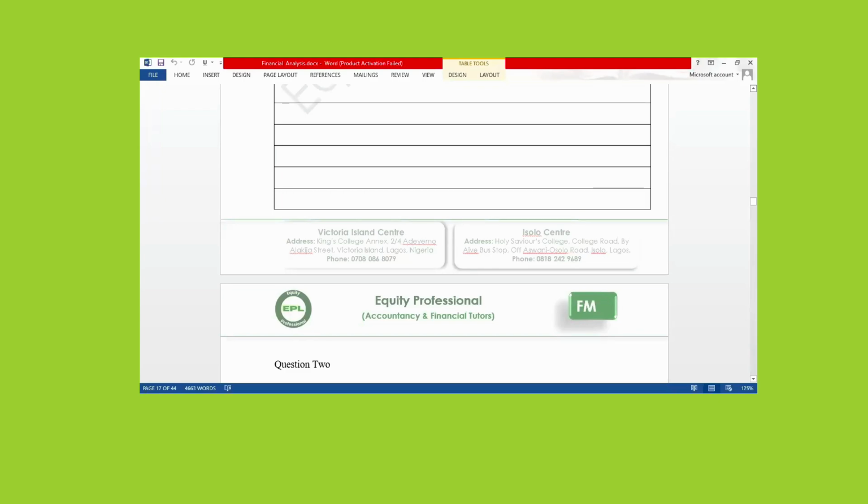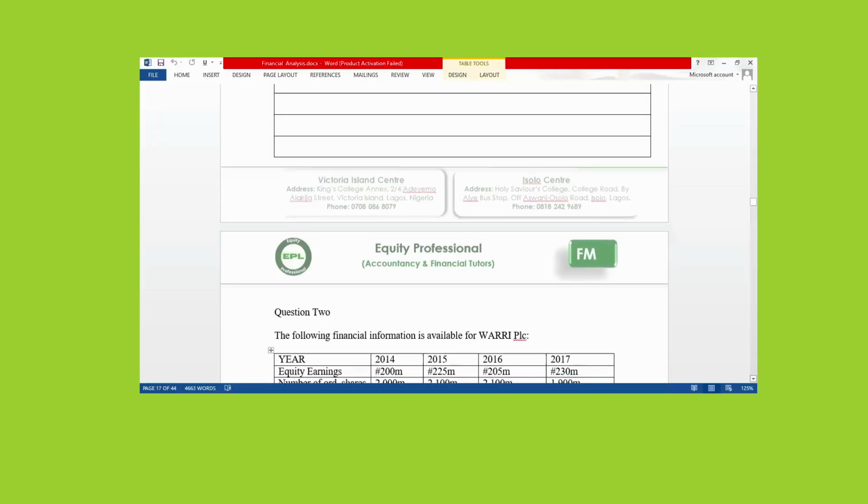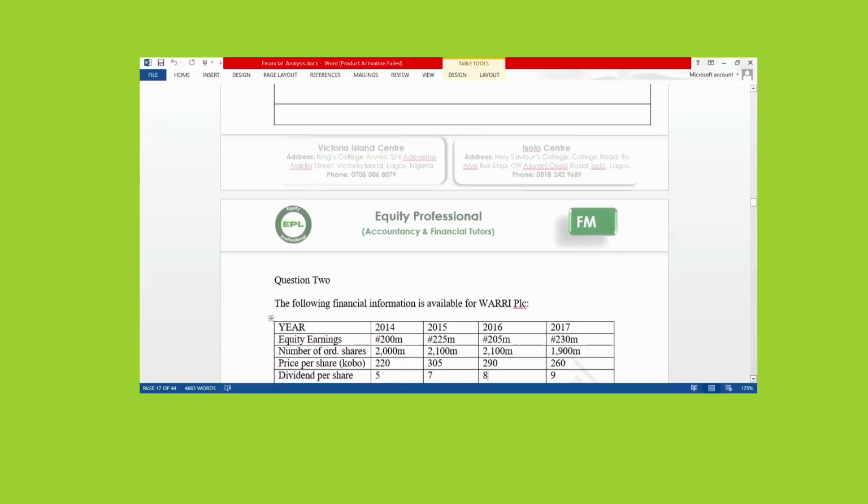We didn't complete it. Okay, what will happen is this: I will just send the solution. It should be available. I didn't even remember because I have so many classes to deal with. It's okay. Thank you, sir.